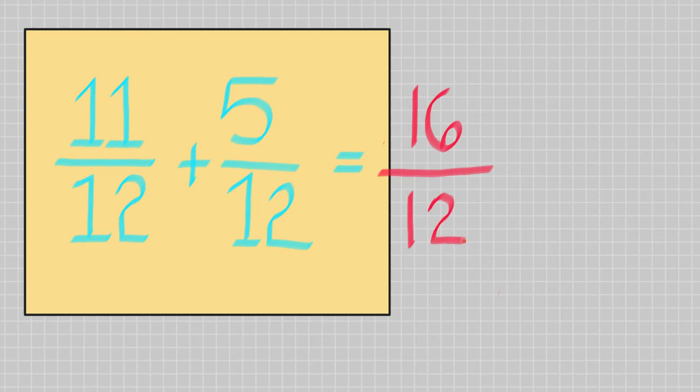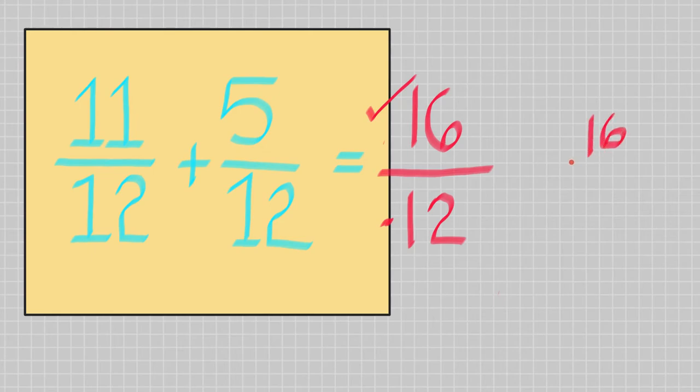Okay, that's good. Now take note, the answer here is an improper fraction. Why? Because the numerator is greater than the denominator. So again, when we have this kind of answer, we need to simplify by changing it into a mixed number.